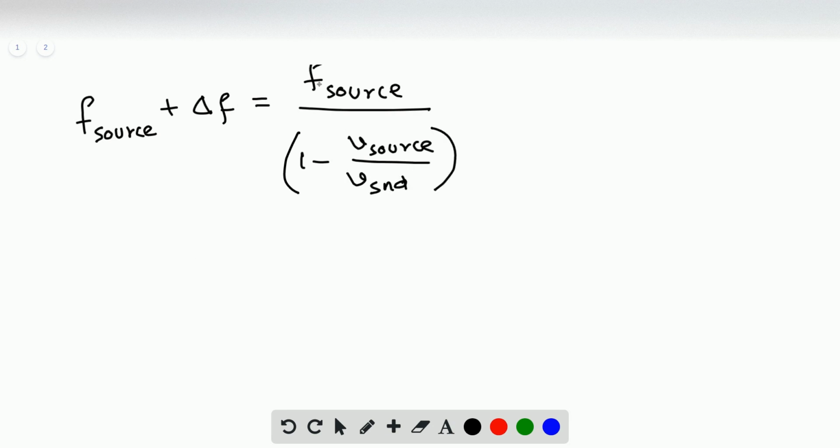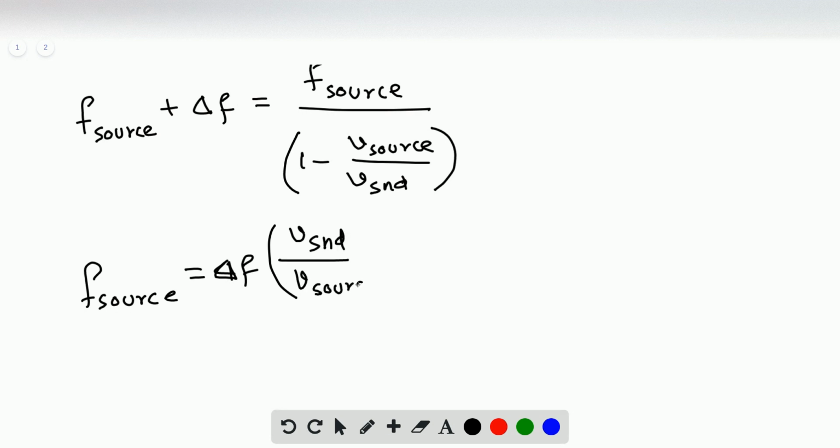Now if we take F source on one side and put the other terms on the other side, we get delta F times speed of sound over velocity of the source minus 1.